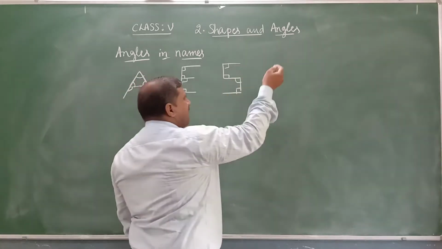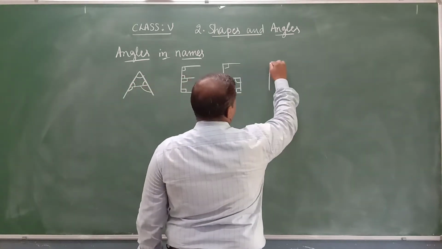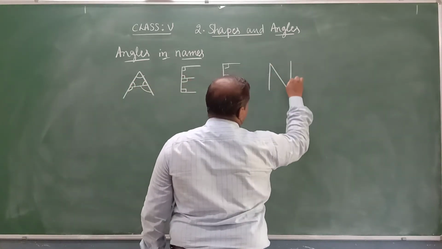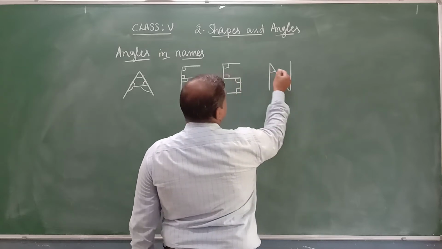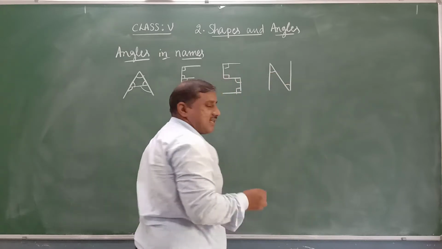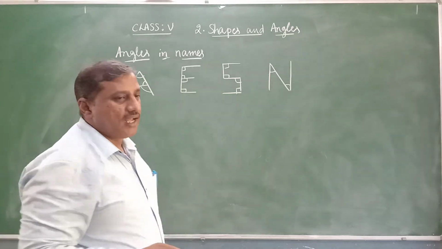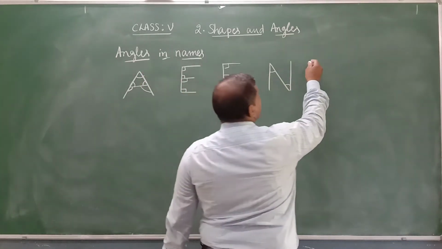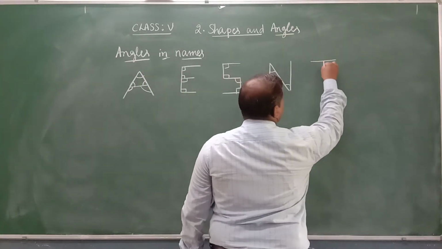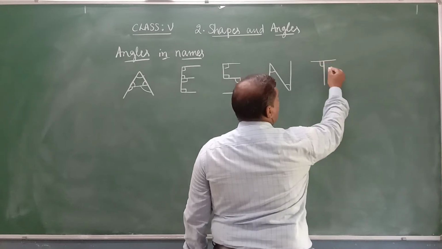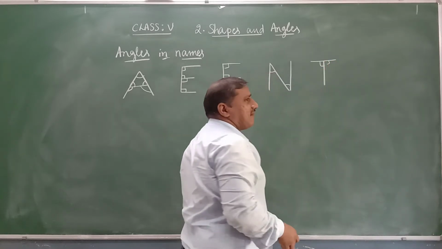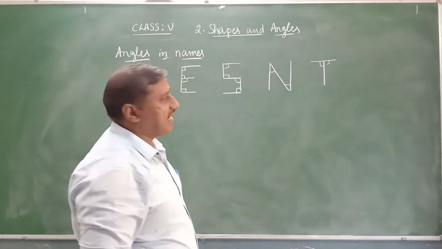Now we take one more letter, N. In this letter N, we find 2 acute angles. And if we take T, here we have 2 right angles in the letter T.